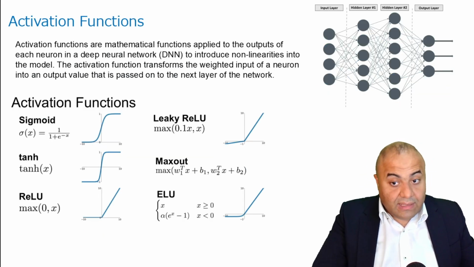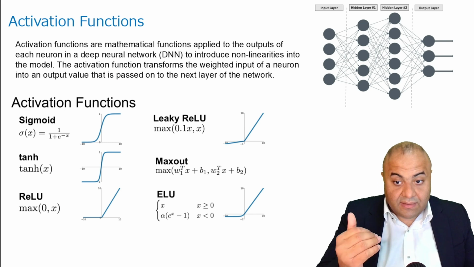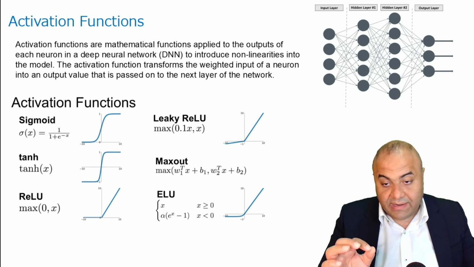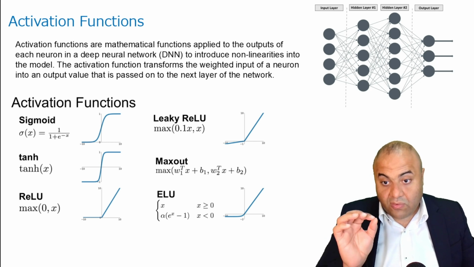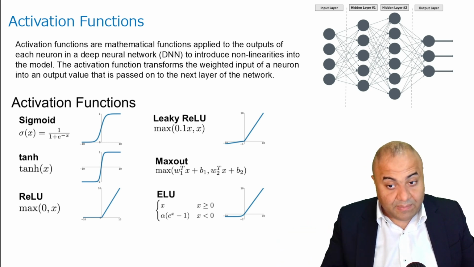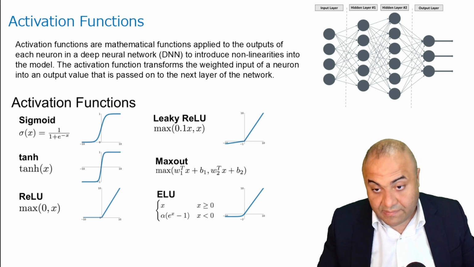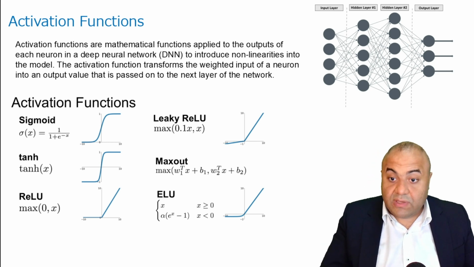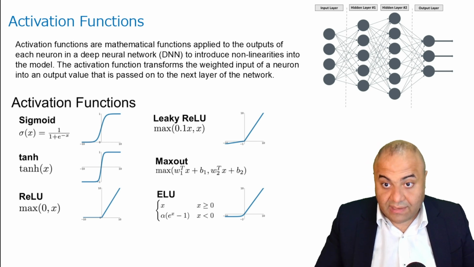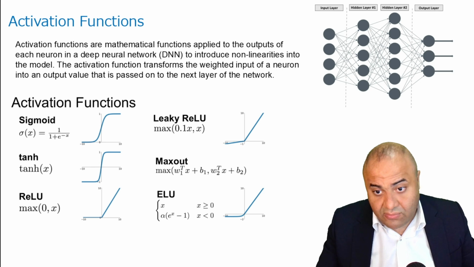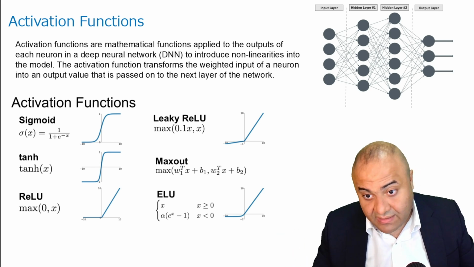Now, as we said, we multiply every neuron value with the weight, sum it with the bias, and pass it into a function. These functions we call activation functions. In our neural networks, we can choose any function we want.